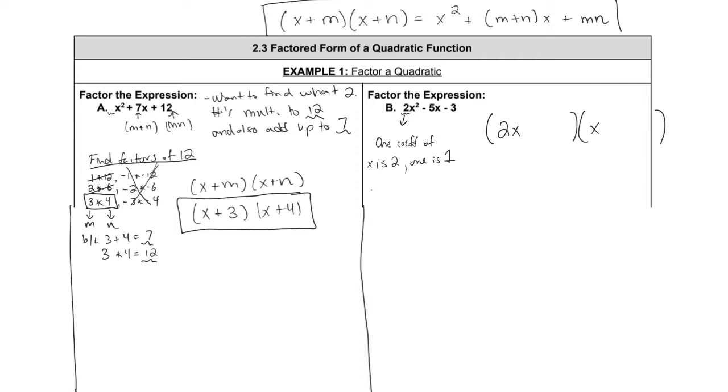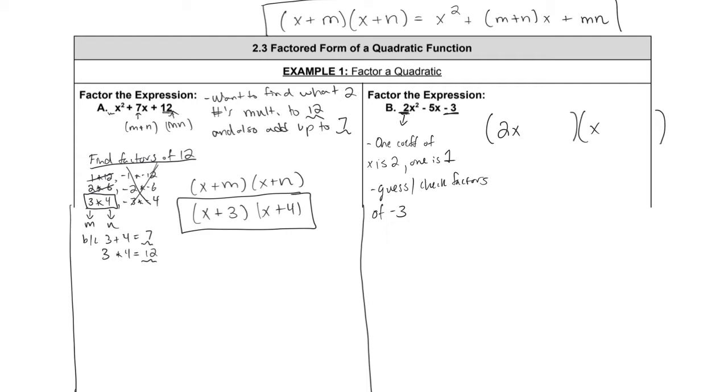Now, what we're going to do is guess and check factors of -3. Like before, we found factors of 12, but we didn't have a coefficient different than 1 for x squared, so that's why we listed the factors and figured it out. This one is a guess and check, more or less.